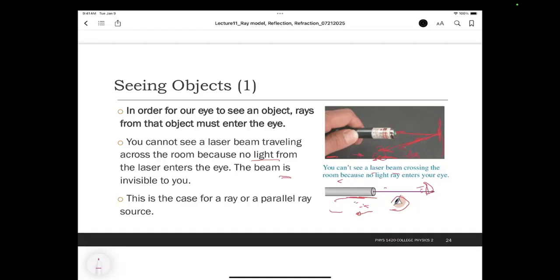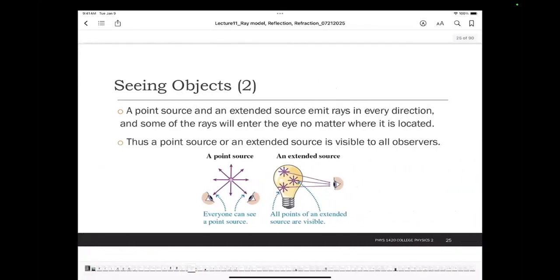Okay. A point source and an extended source emit rays in every direction. We talked about that. And some of the rays will enter the eye, no matter where it is located.